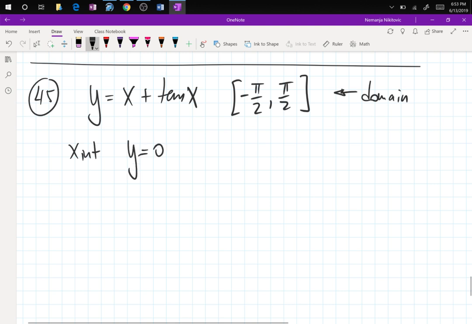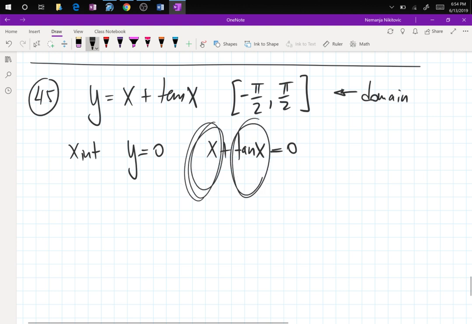The x-intercept is when y is equal to 0. We get x plus tangent x equal to 0. This is not an equation that you can solve, because it's mixing a polynomial function with a transcendental function, the trig function, and they do not mix.